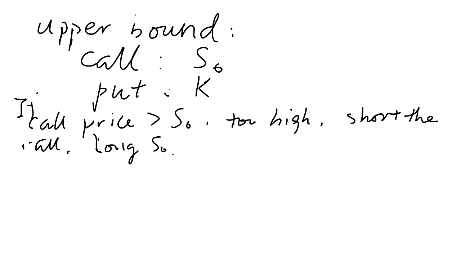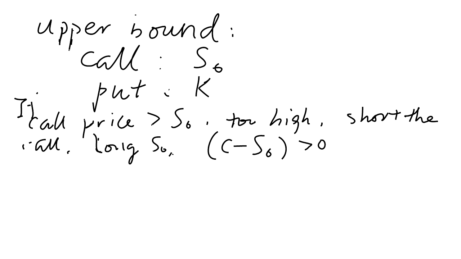And in order to get that, what do you get? Well, since now the call is greater than S0, you get C minus S0, this whole thing is greater than 0. This is positive, because remember now you have a call price that's greater than the stock price, right?